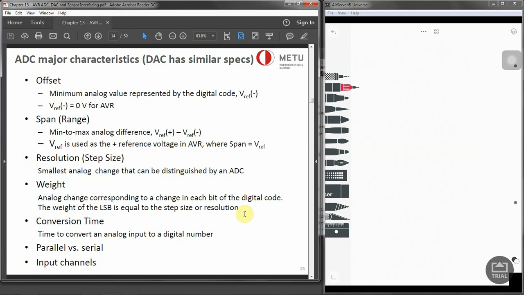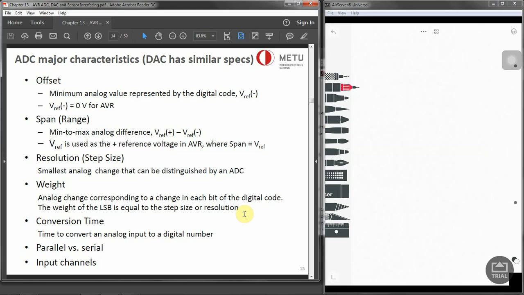Parallel versus serial conversion and the input channels are also major characteristics of analog to digital conversion. As we already mentioned, the Vref is an input voltage used for referencing. The voltage connected to this pin along with the resolution of the ADC chip dictates the step size, which we already showed.